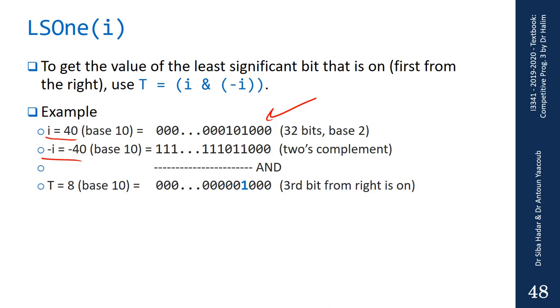The first one I keep, and after the first one I flip all the bits, so 0 becomes 1 and 1 becomes 0. Then I do i and minus i. I find that the least significant bit is this one, which is equal to 8. This operation will be used in the Fenwick tree.